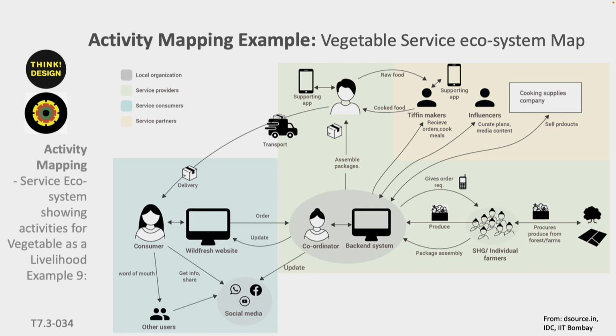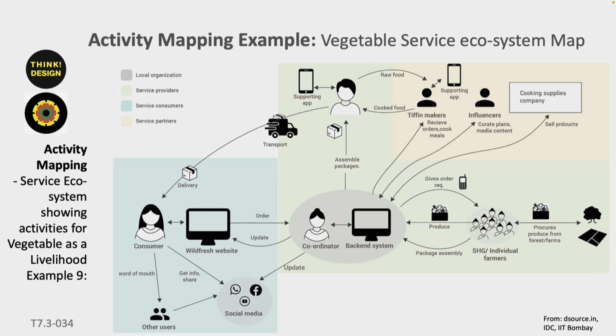This is another very nice example of a vegetable service ecosystem. Okay, so if you look at the right side bottom, you can see the vegetables are grown by the farmers, and this is inputted into the system. Once it's inputted into the system, it can be bought by a consumer. It can be ordered through the mobile or the computer. Okay, and then it can be transported to places where, for example, somebody is making food at a restaurant, okay, so it can get into that.